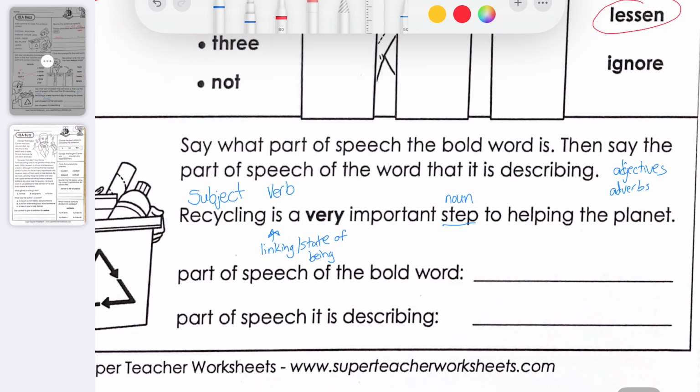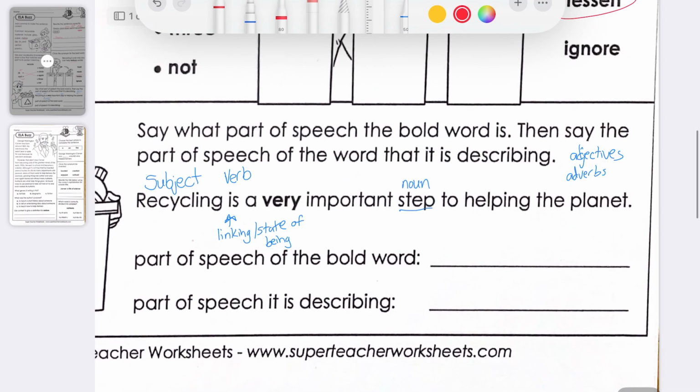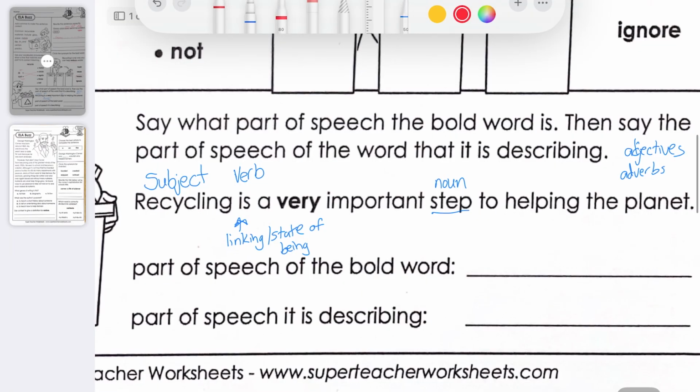An adjective describes a noun, and an adverb describes an adjective. So the adjective describes the noun. Recycling is, and then, A is called an article. An article is just a special kind of adjective that introduces a noun. There's a, an, and the. Articles are a, an, and the.